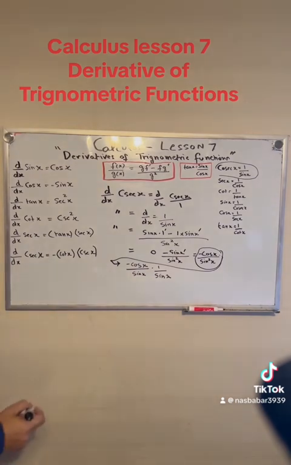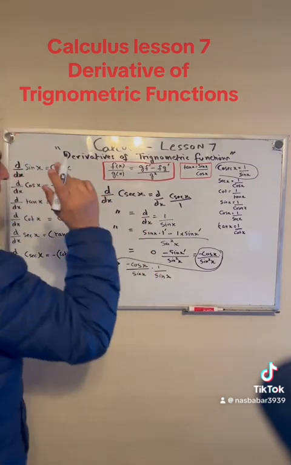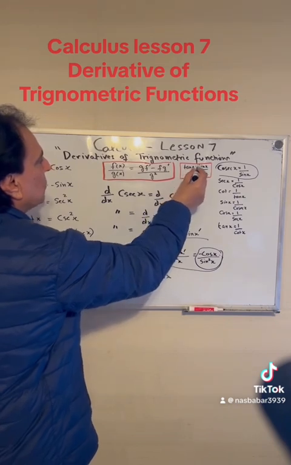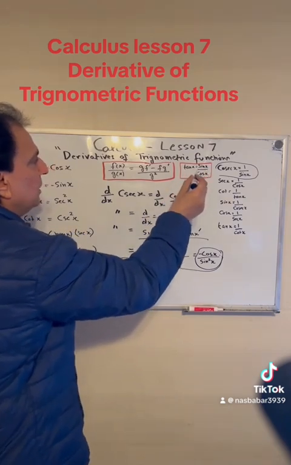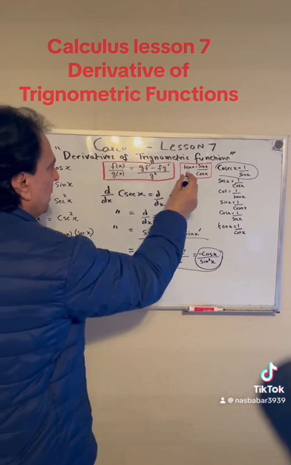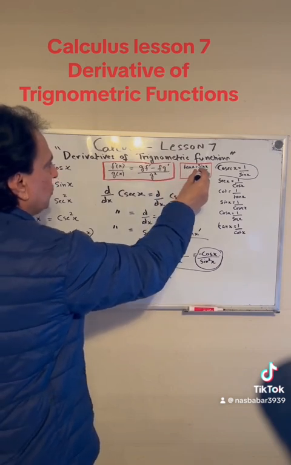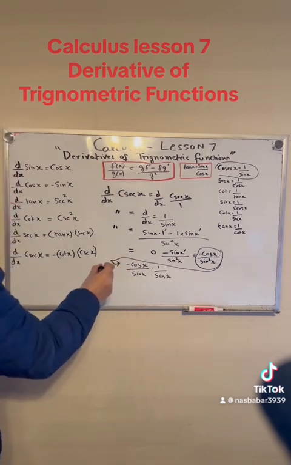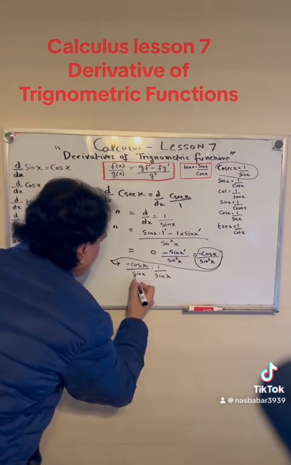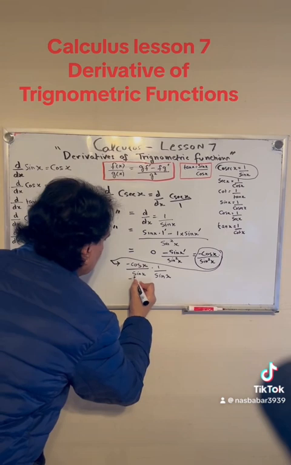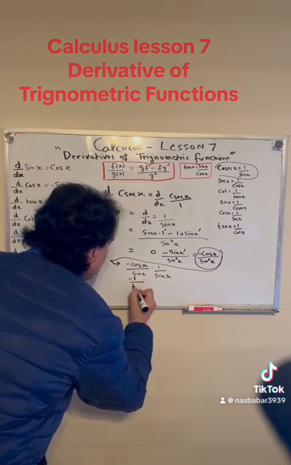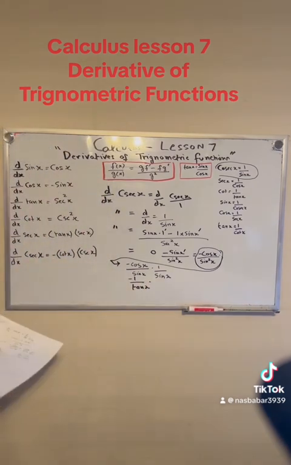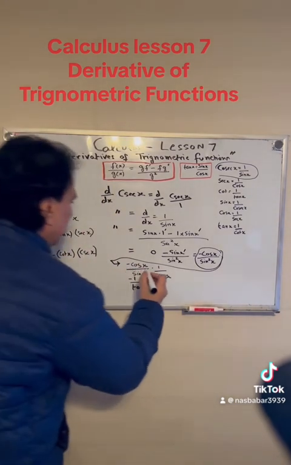Now looking right here, what is tan of x? Tan of x is sine x over cosine x. This you have to memorize. So if tan of x is equal to sine over cosine x, and this is cosine over sine x, then I can write this as minus 1 over tan x, times 1 over sine x.